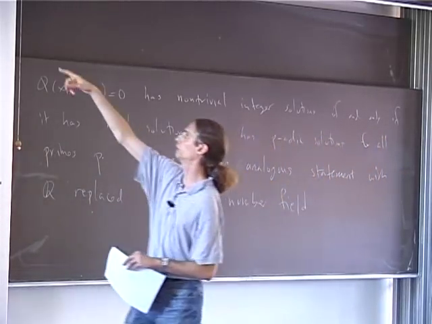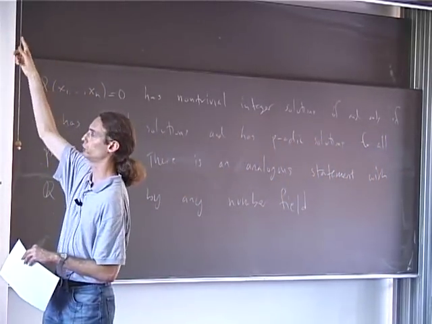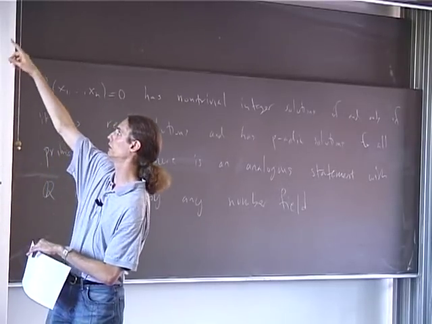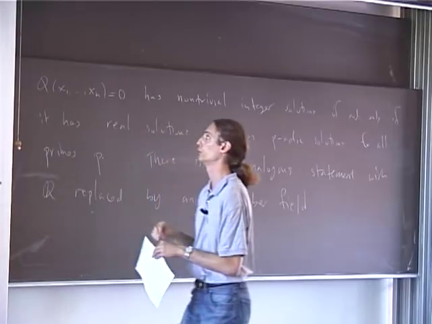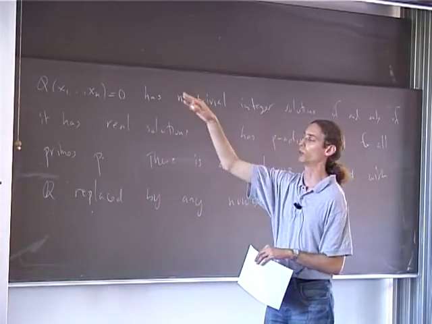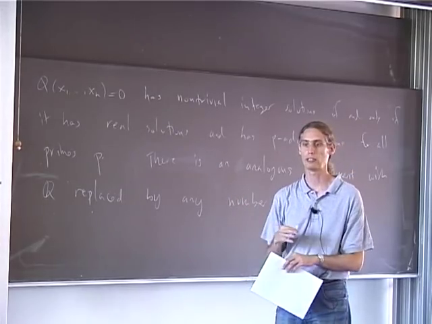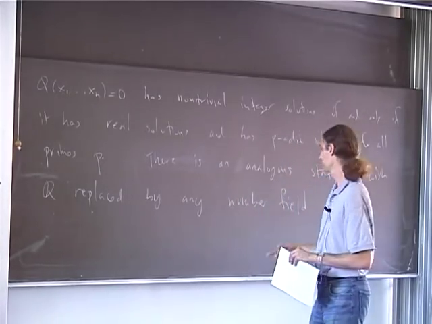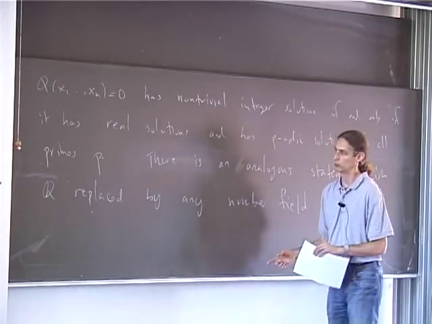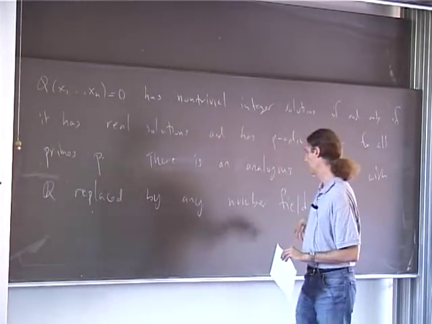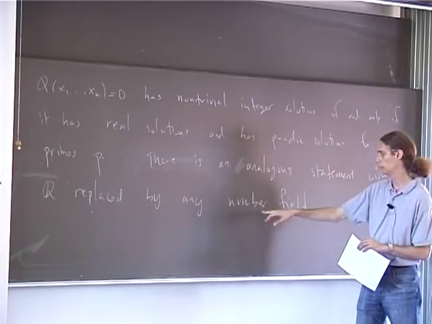So of course, I could have just as well said we seek rational solutions, because you can multiply by common denominators and get an integer solution from a rational solution. So for homogeneous polynomials, integer versus rational makes no difference. But now you can replace the field of rational numbers by any finite extension.